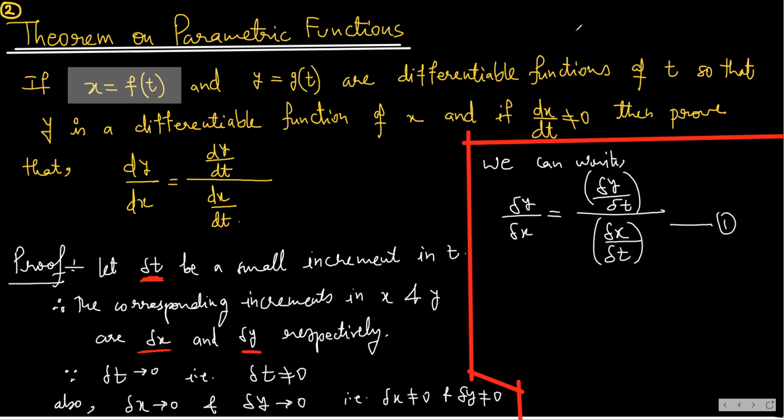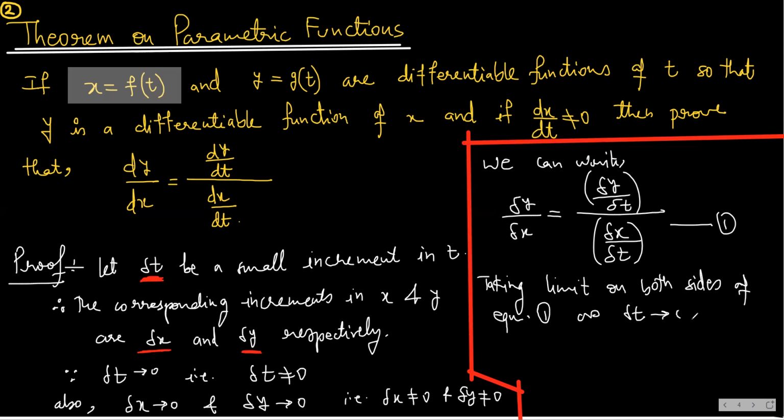Next step is, I will write taking limit on both sides of equation 1 as delta t tends to 0. Remember, you will take the limit as the change in the basic variable tends to 0.